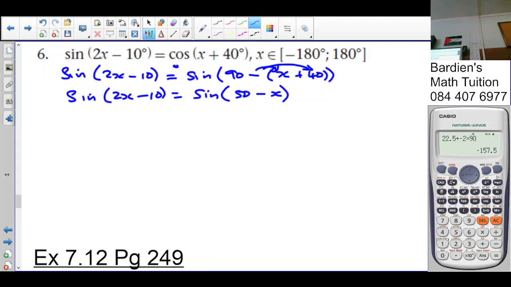Drop the sines, yes? What do I write now? The reference angle: 2x minus 10 is equal to 76 minus x. What question comes to mind? Which quadrant? Sine is positive. So do that quickly.